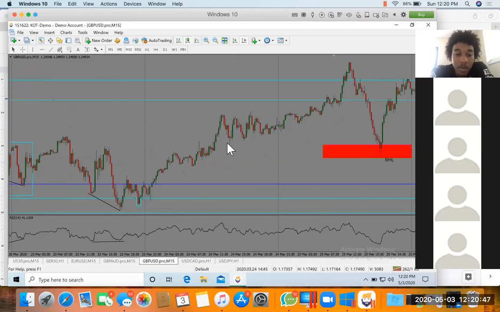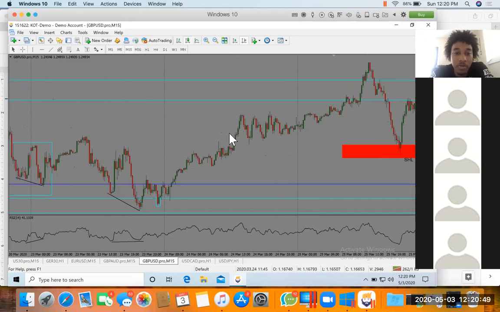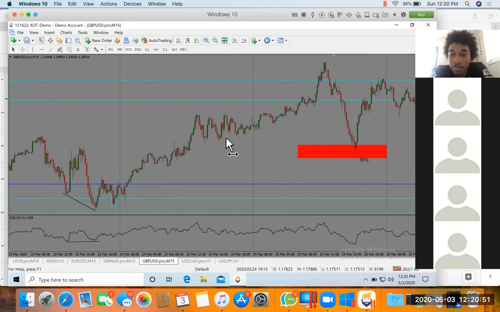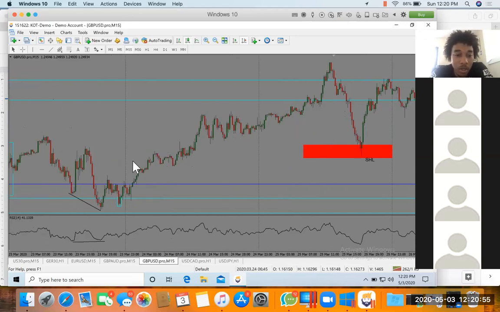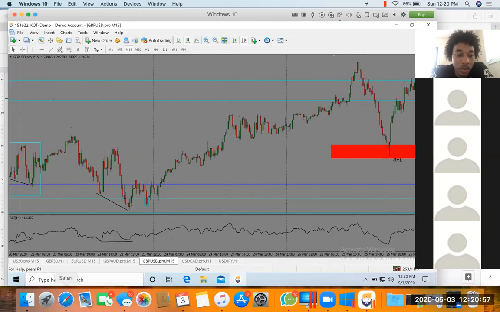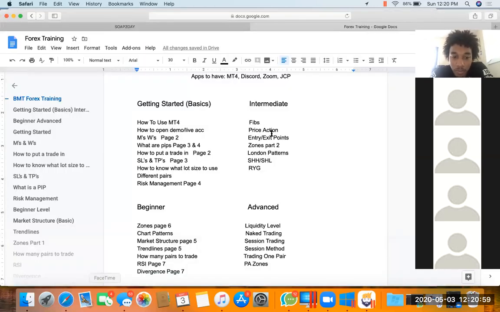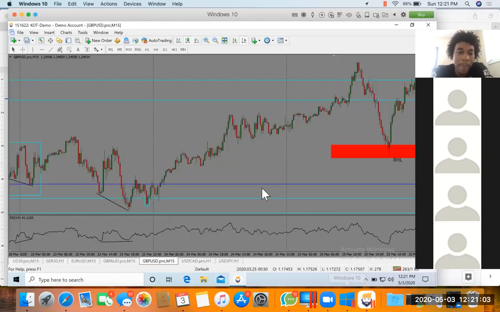I love divergence. It plays a very big part of my trading style, especially because divergence has a big part to play with price action, which is what we're going over next. Price action is very tricky because there's so many levels to it.